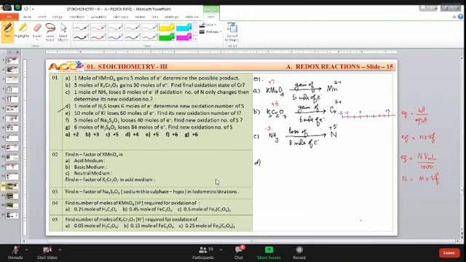Please don't write Syed Rehan Ali. Don't write 4. Okay, write down plus 4. 4 is valency, plus 4 is oxidation state. Okay, make a habit of writing sign also.